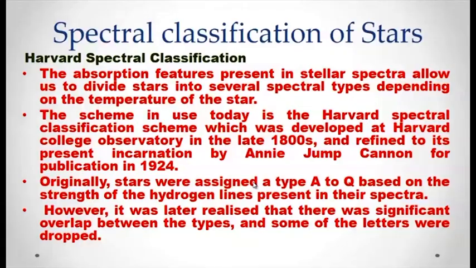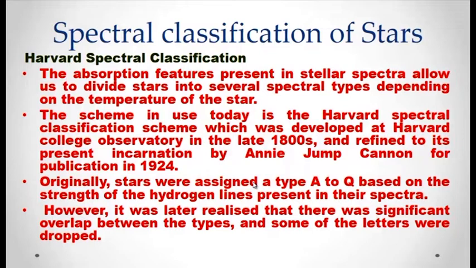Here, the spectral classification of stars has also been done based on the absorption features present in the stellar spectra. This basic concept was used by Harvard University astronomers and researchers, so it got the name Harvard Spectral Classification of Stars.